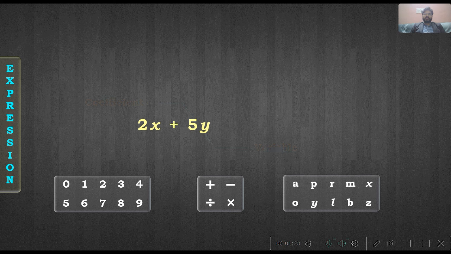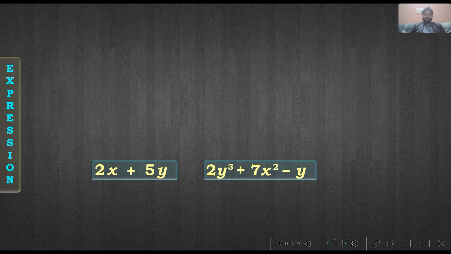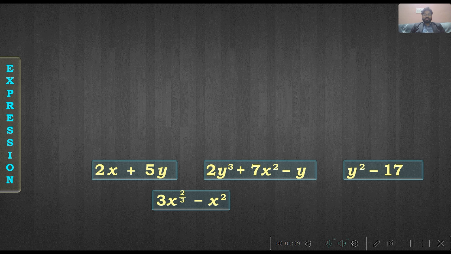Now 2x plus 5y, or 2y cube plus 7x square minus y, or y square minus 17, or x to the power 2 by 3 minus x square, or x to the power minus 1 plus 5.